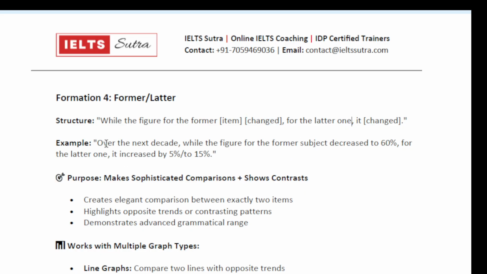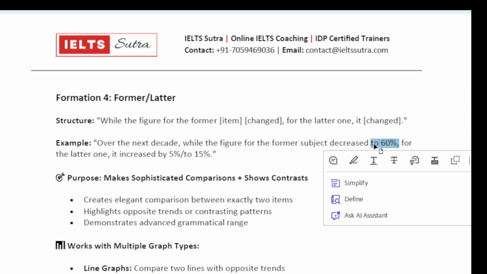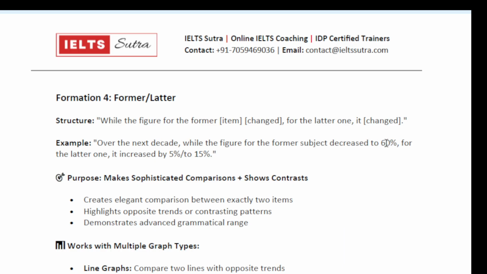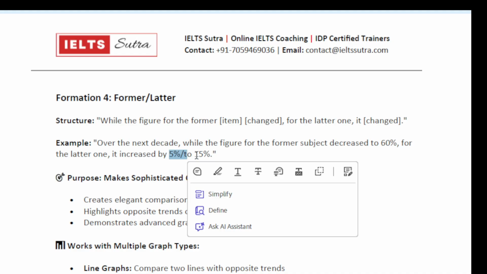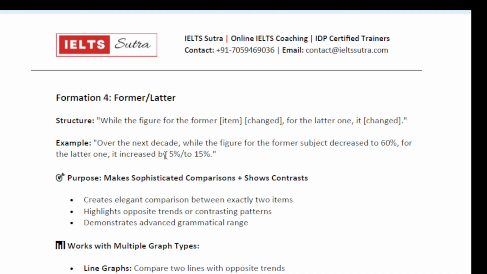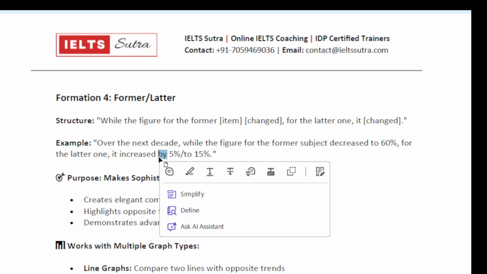For example, over the next decade, instead of respectively I'm saying, over the next decade, while the figure for the former subject decreased to 60%, pay attention closely, it decreased to 60%, but for the latter one, it increased by 5% or to 15%. Now, when we say by, we have to mention the difference.